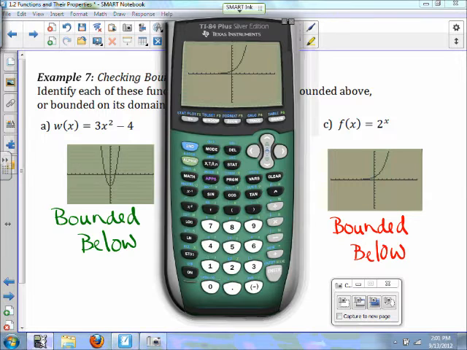Now again, I can change that last one. Say I go negative 2 to the x power. This one would be considered bounded above because the x-axis will be the boundary above the graph.